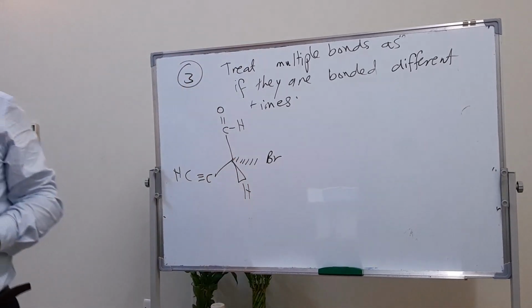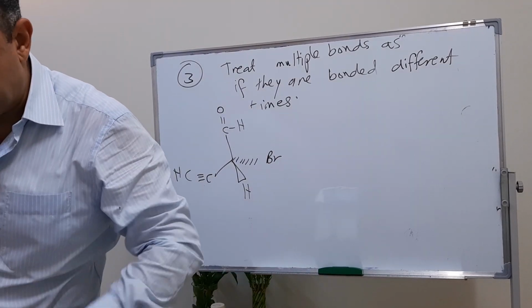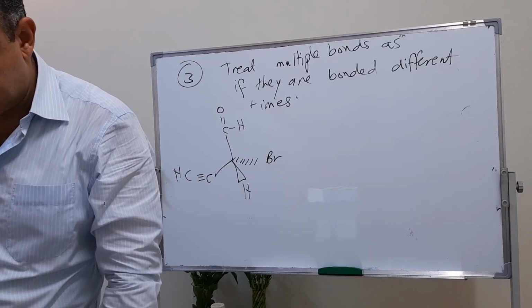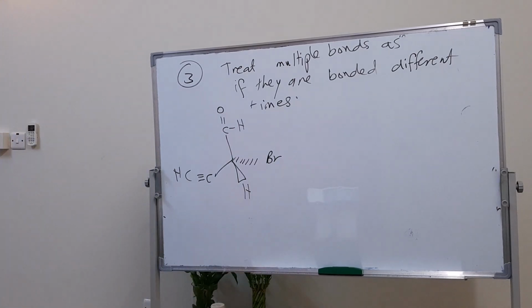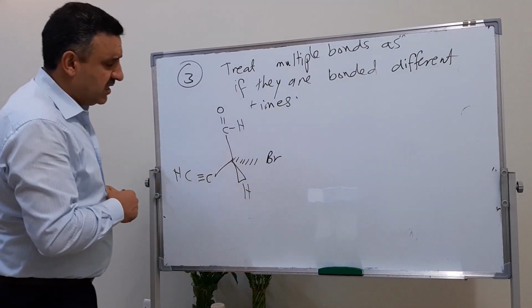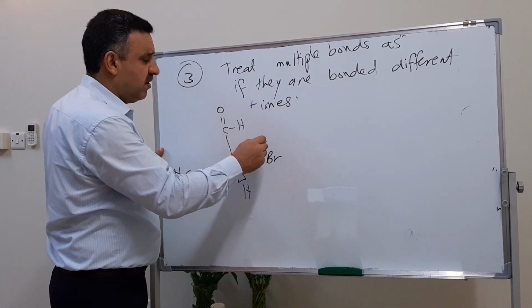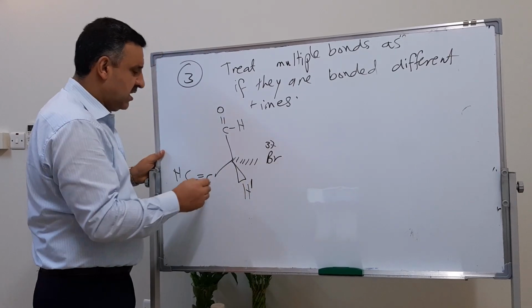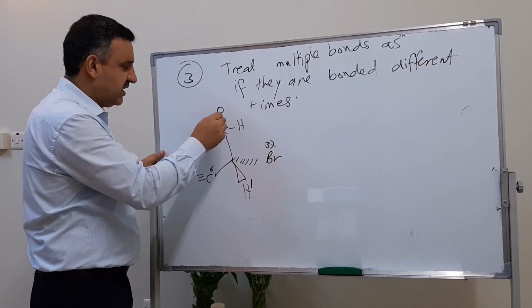All right, let's take a specific example for rule number 3 and see how we can deal with it. Now, very obvious that the atomic number of the bromine is 35, the atomic number of the hydrogen is 1, the atomic number of each carbon is 6.